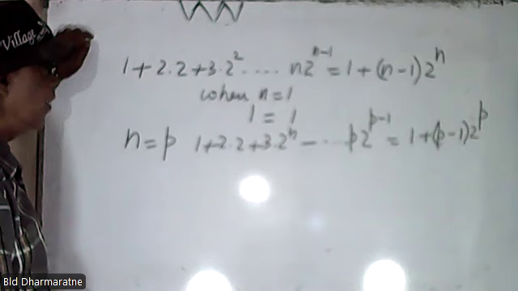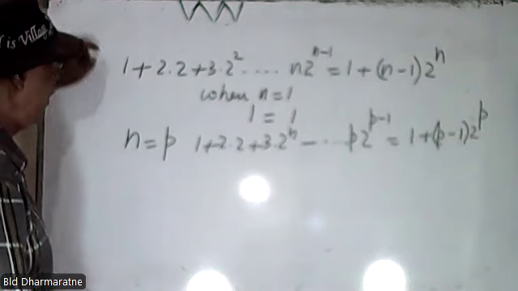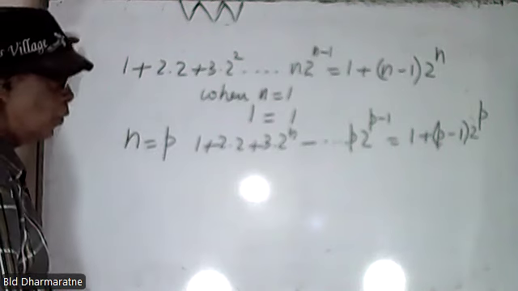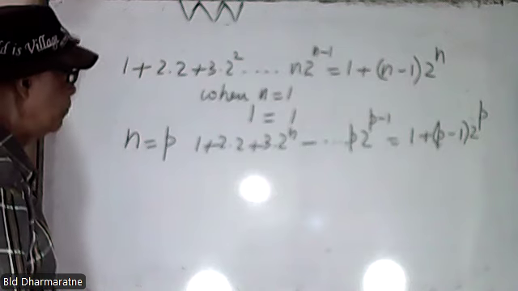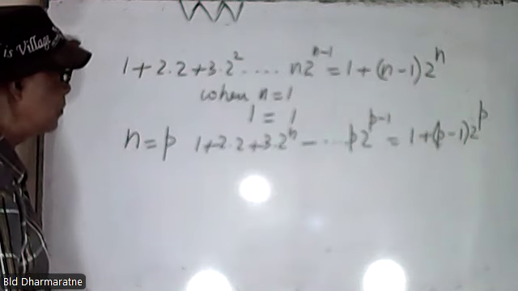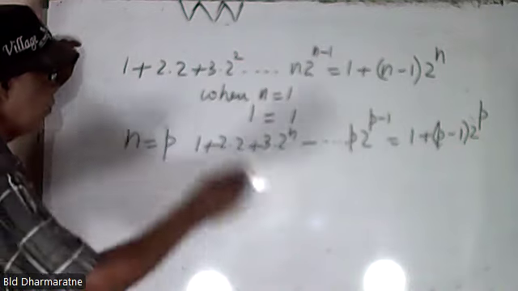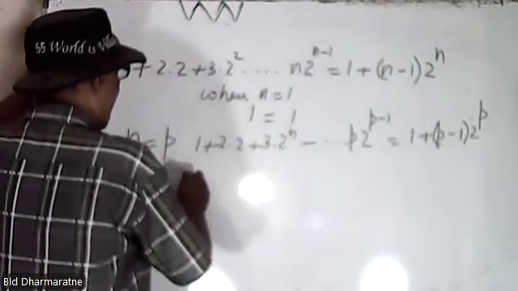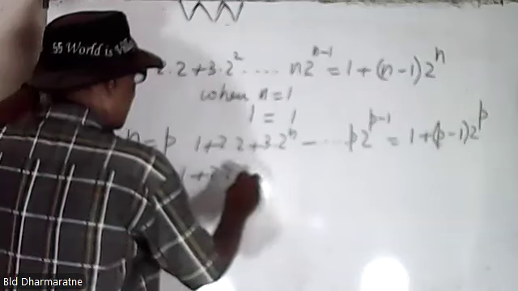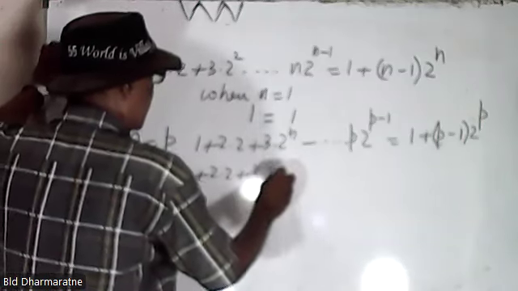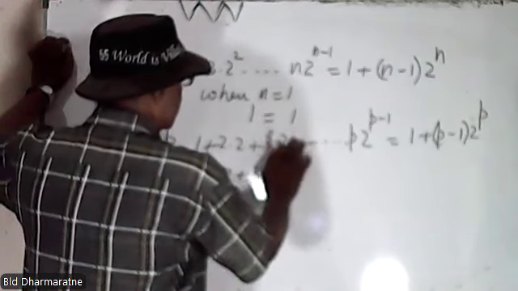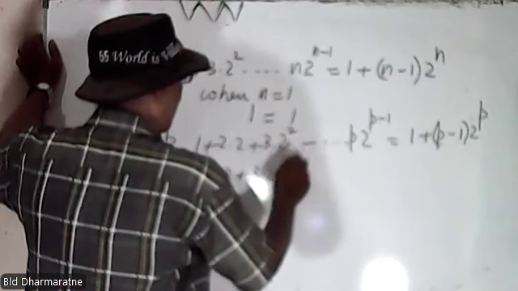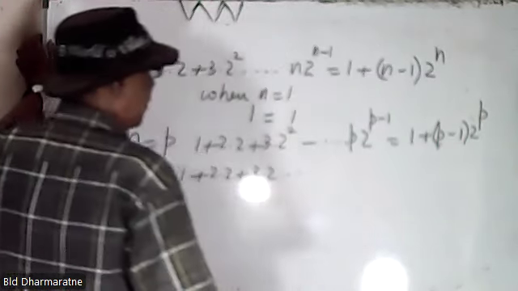Now the final stage: we are going to prove that for n equals p plus 1 this also holds. You have to prove that one. We cannot simply substitute. Taking the p terms, we add to both sides. 1 plus 2 times 2 plus 3 times 2 squared, and so on. What is the p plus 1 term?